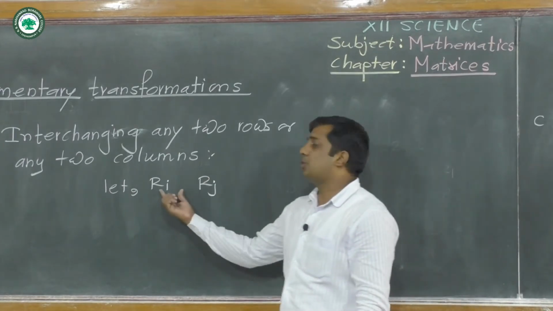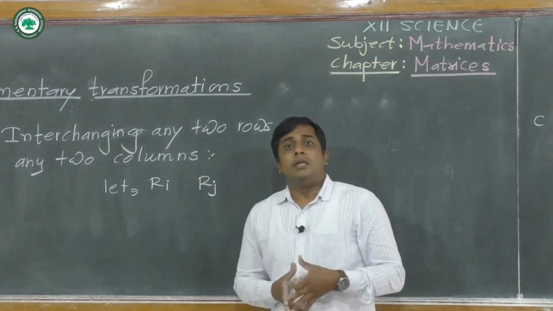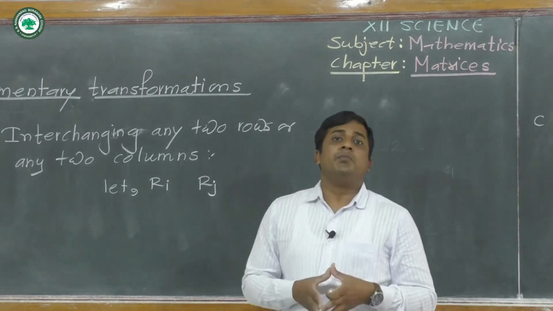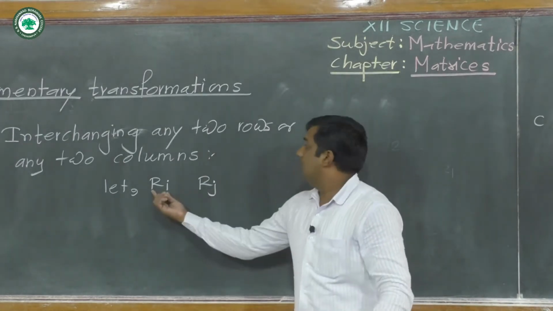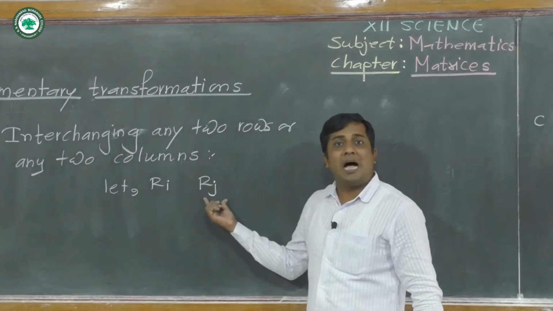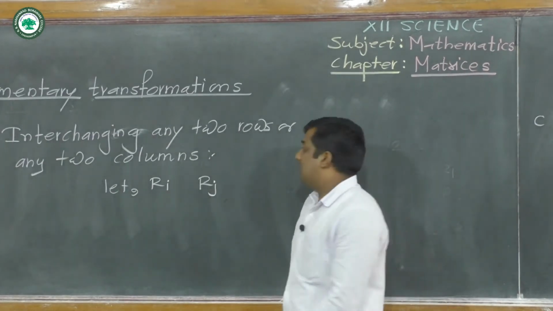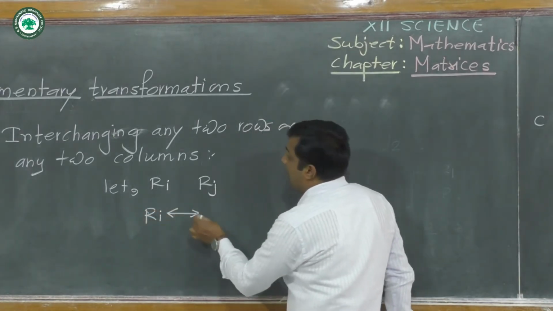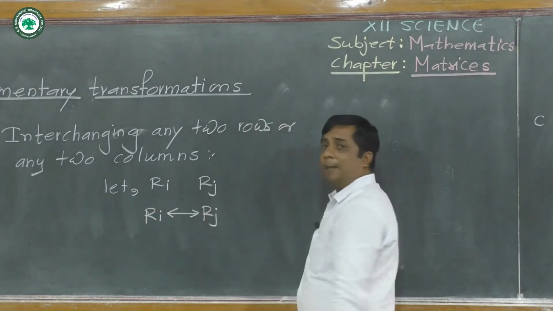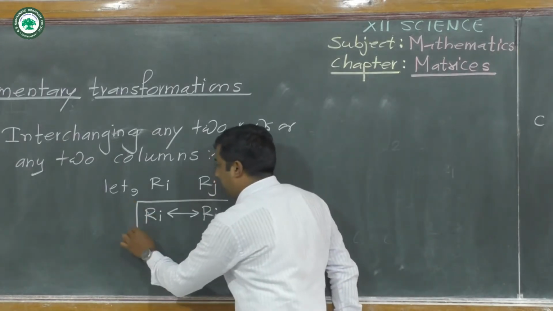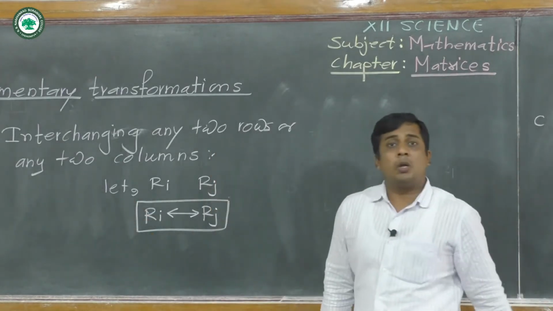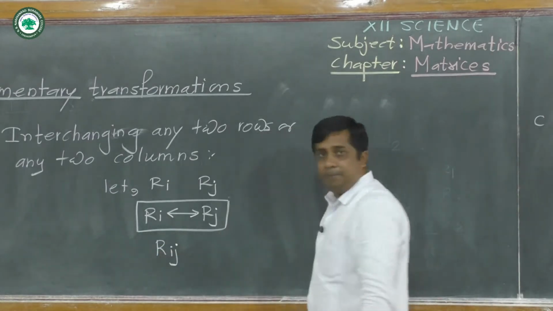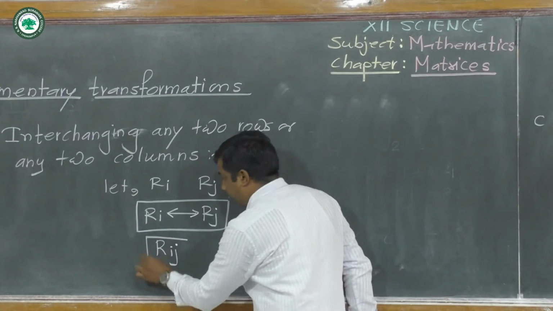We consider these two rows. Then we denote this concept, that is we have to interchange the rows, that is here Ri interchange with Rj. We denote this by using Ri double implies Rj, or we denote this simply by Rij.